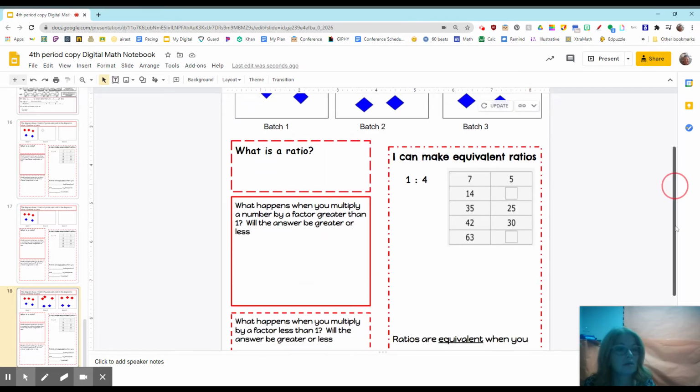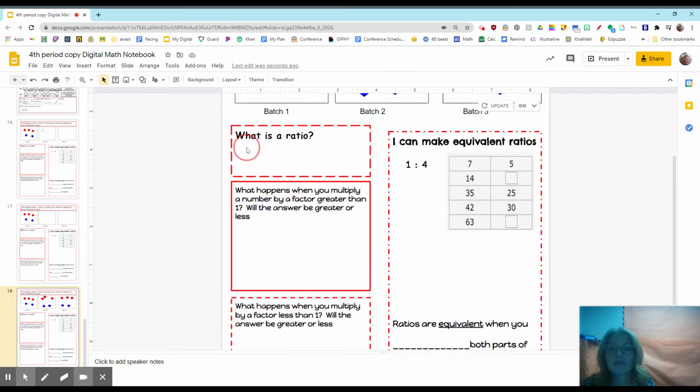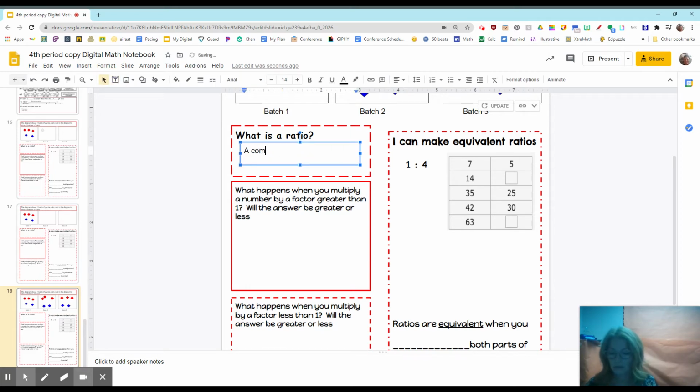Let's see. What is a ratio? I don't know why my thing is being weird. Ratio is a comparison of 2 things using numbers.